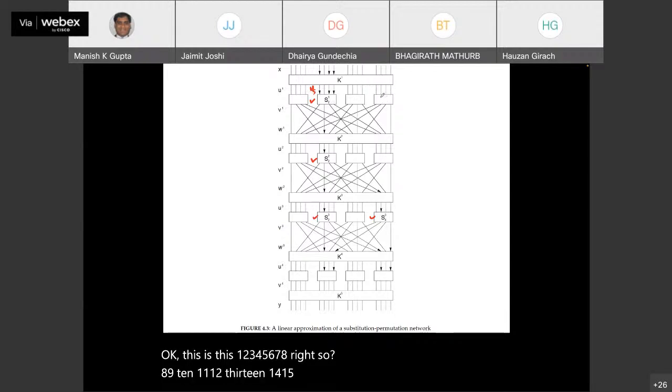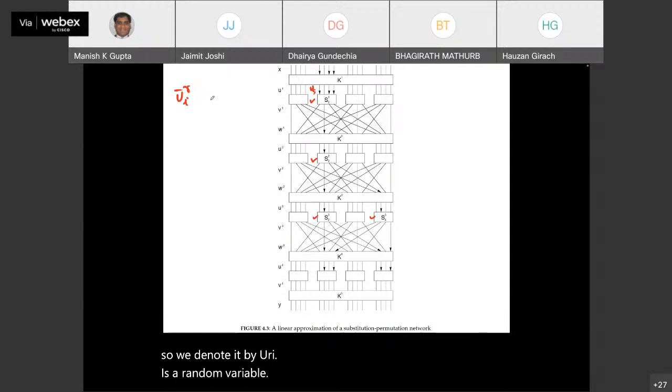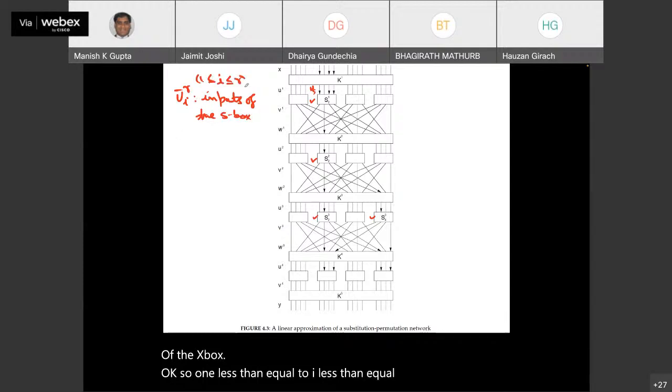All these 16 things are there. So we denote it by UIR, a random variable corresponding to the inputs of the S box, where 1 less than or equal to I less than or equal to R. So these are the inputs.